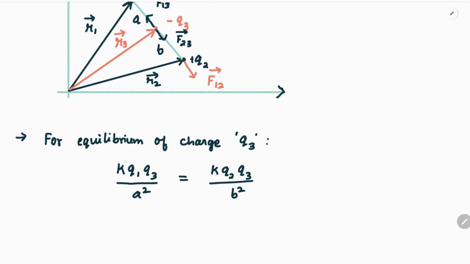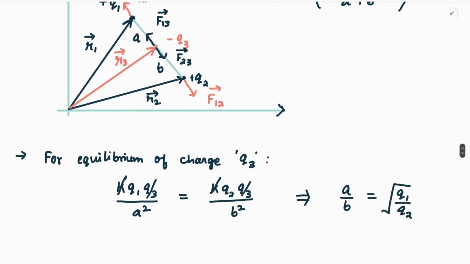So on solving this one we obtain that a by b can be written as root over q1 by q2. So this is a very interesting result, as this result will be helpful in evaluation of r3.